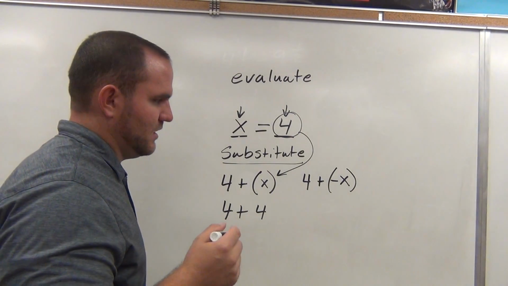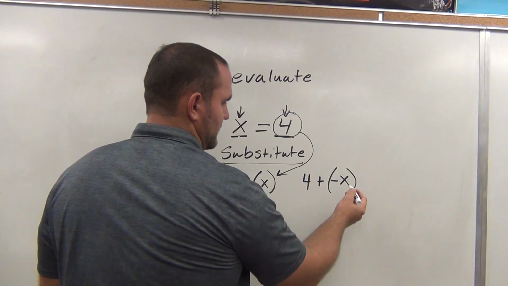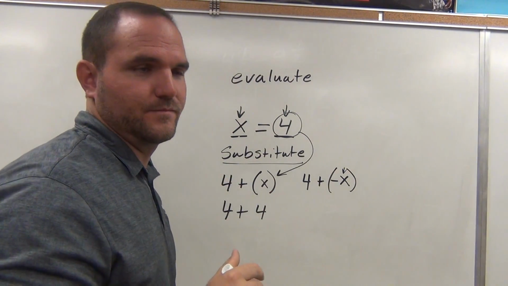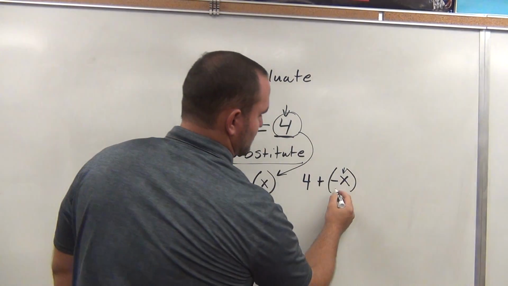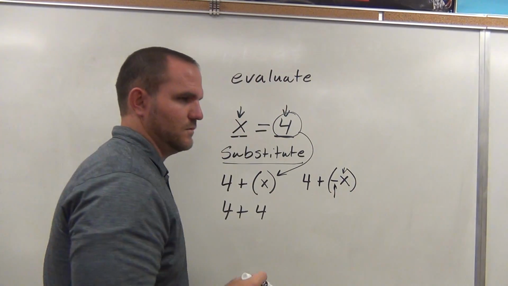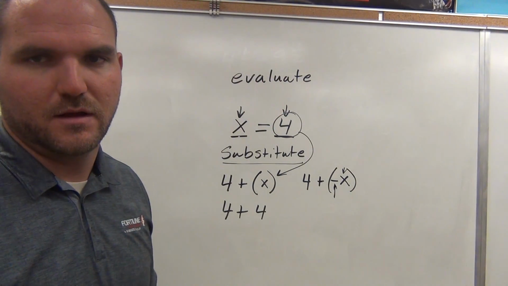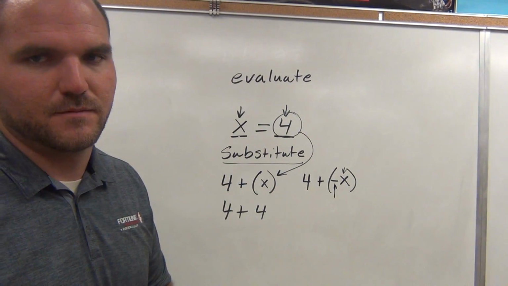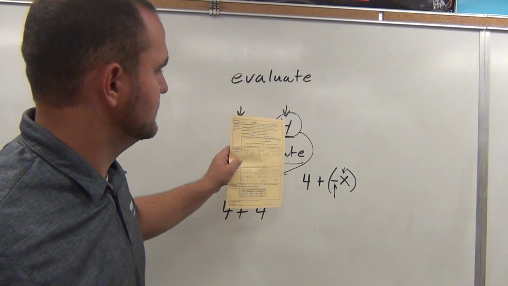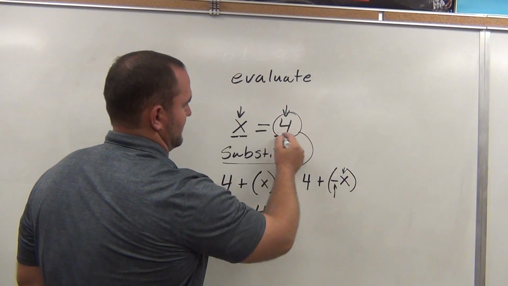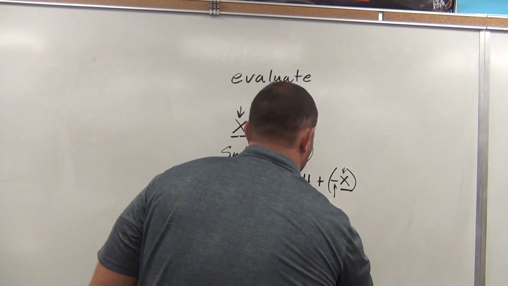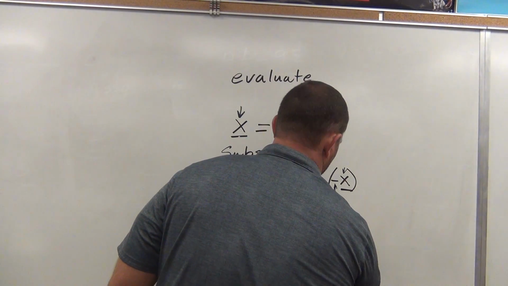What they have done is they've said, yes, this x right here is equal to 4. But we're also inputting a negative sign in there. It's very simple. When you see a negative x, you're simply taking the entire thing and plugging it in for x still. So it looks something like this.